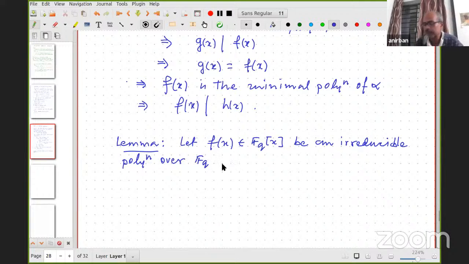Let f(x) be an irreducible polynomial over F_q of degree m.